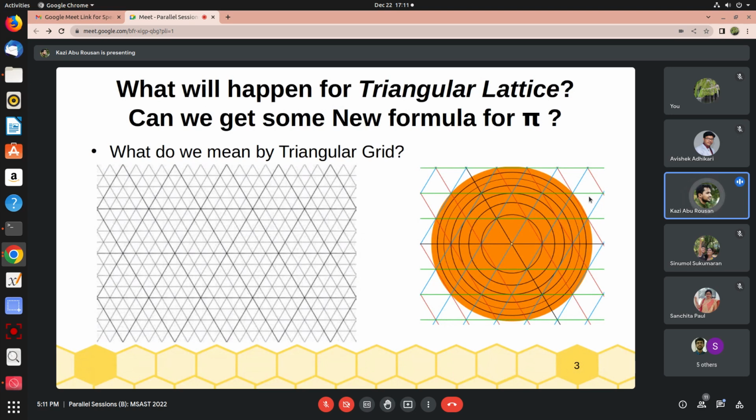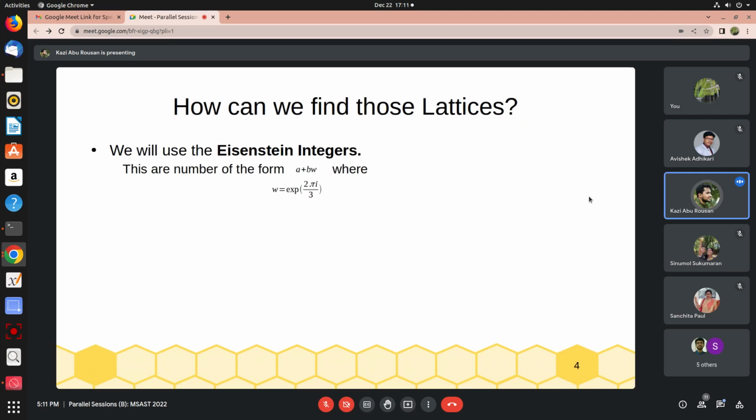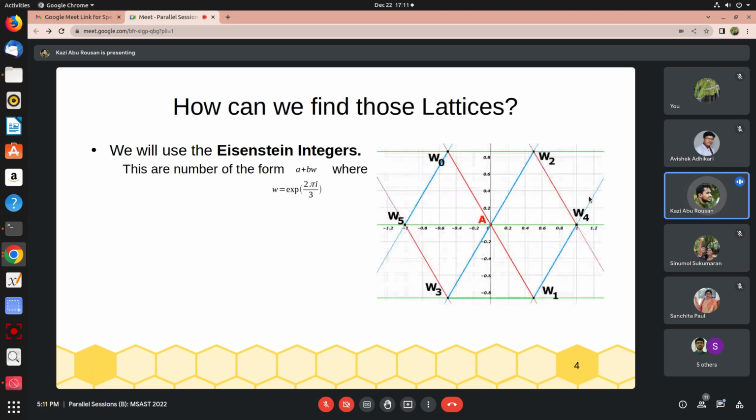So if I want to be a little bit more specific, these particular things are actually numbers which I can write as a plus b omega, where omega can be given by this expression. These are actually the cube roots of unity, like it is shown here.